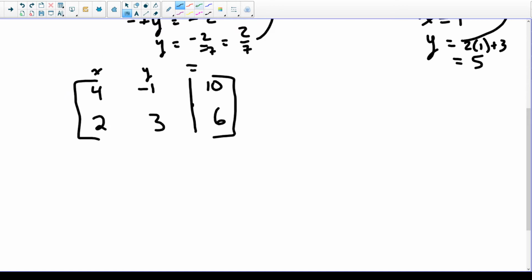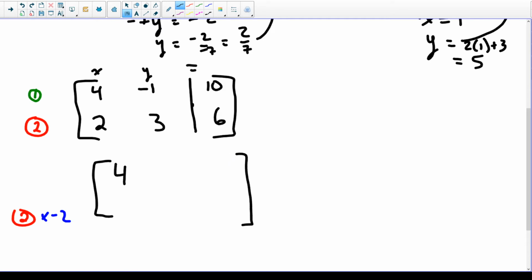So if I call this equation 1 and I call this equation 2, the first thing we're going to do is multiply equation 2 by negative 2, just like we did above. That's going to change the second equation.